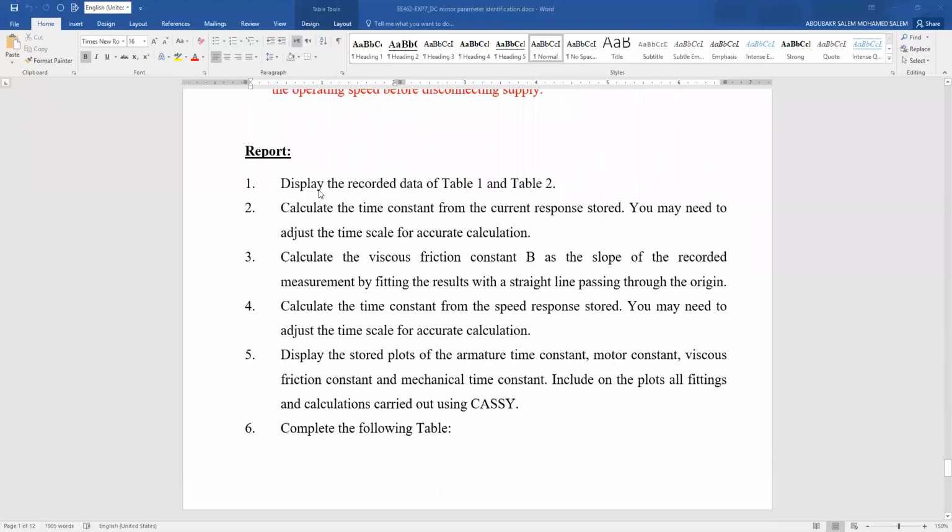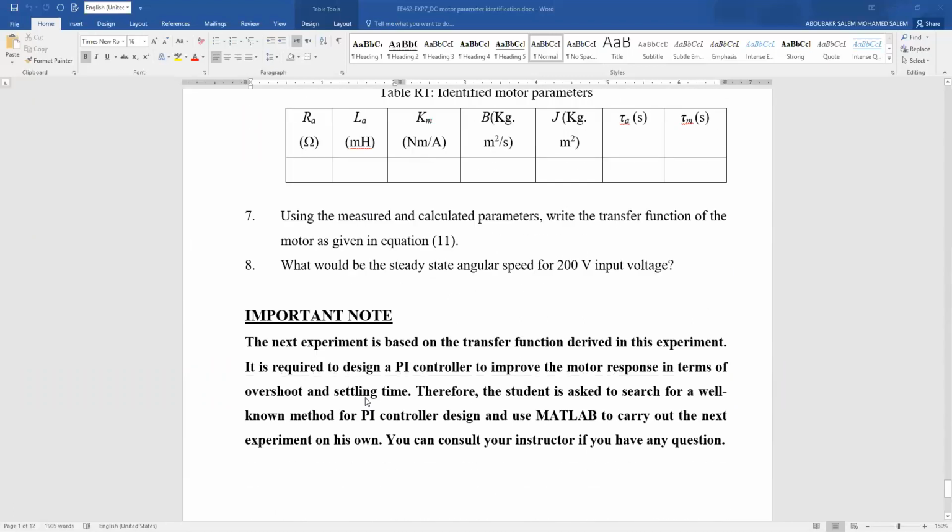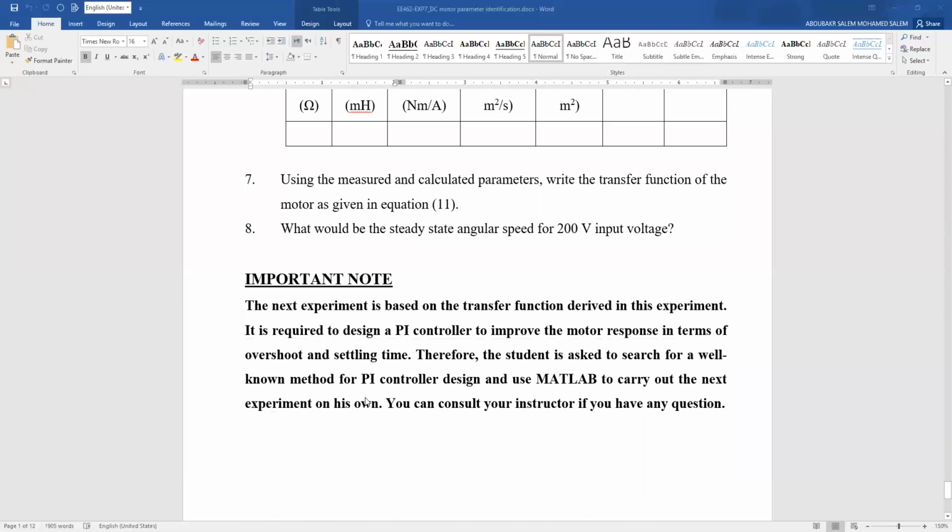Finally, you need to fill the report with the required data here. It's a very important note: all of the parameters we will calculate from this experiment are going to be used in the next lab.